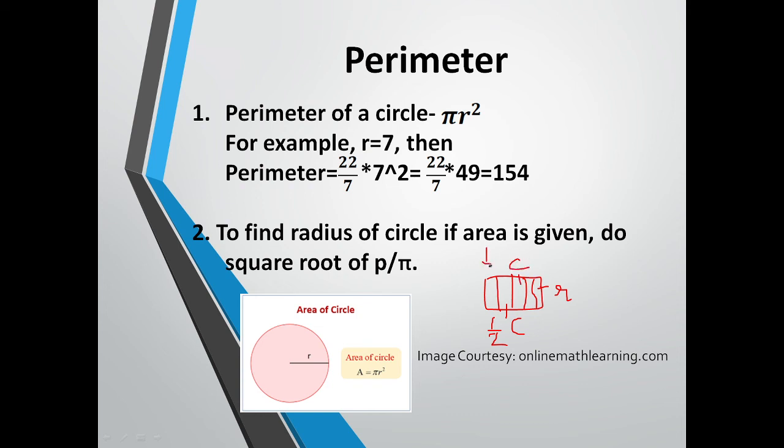Half circumference plus half circumference is the full circumference, because if we take all the radii together, the whole boundary of the circle, we get the circumference. So this side is half and this side is half of the circumference.